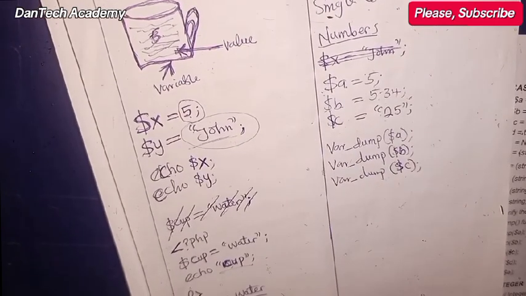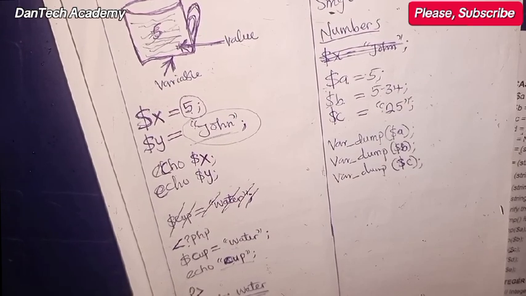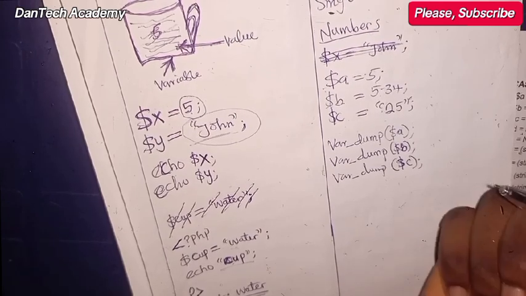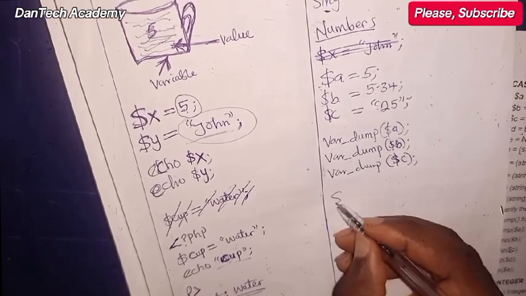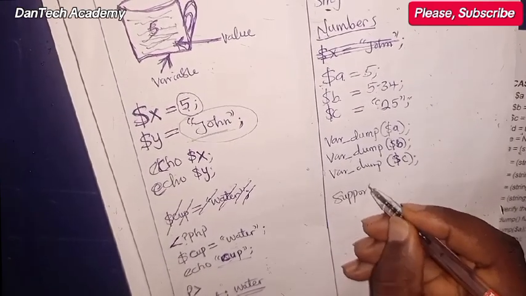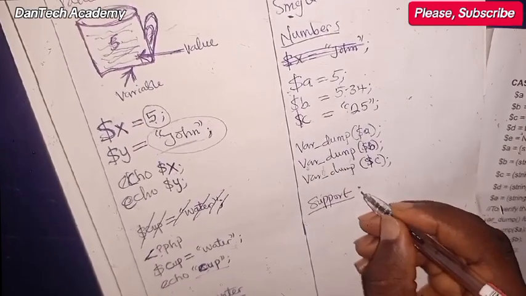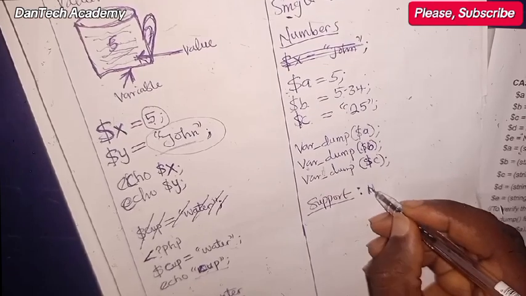Please listen attentively. This means that PHP supports different types of numbers such as integers, floats, and strings representing numbers.